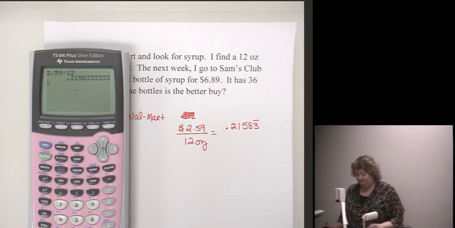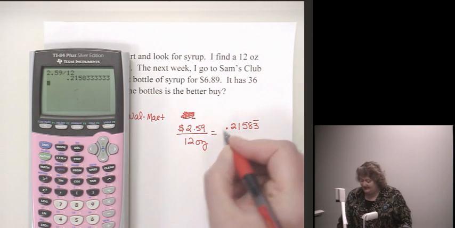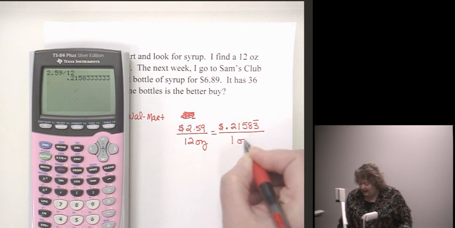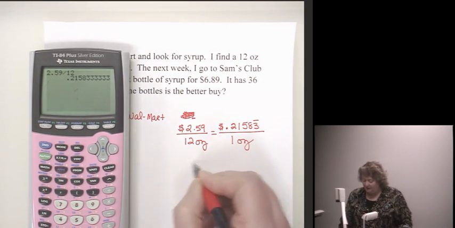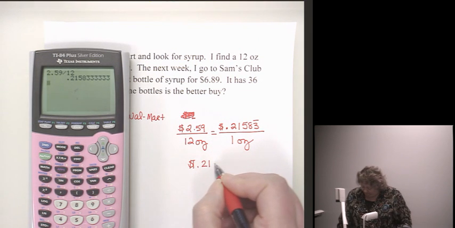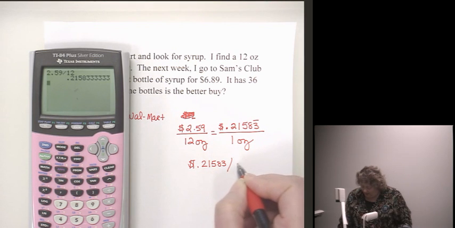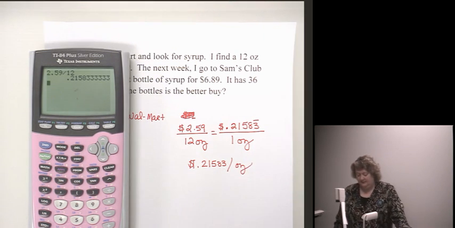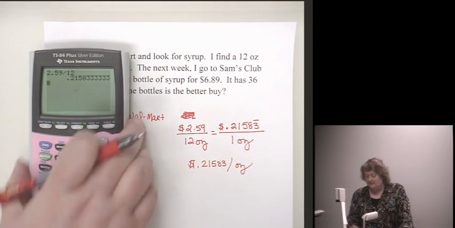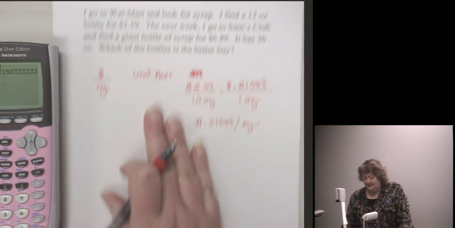Sorry about this. Anyway, that's dollars for every 1 ounce. So we often write that as 0.21583 per ounce. That's how much my syrup costs at Walmart. Now I'm going to repeat the process for Sam's Club.